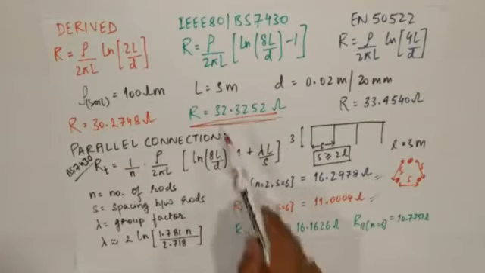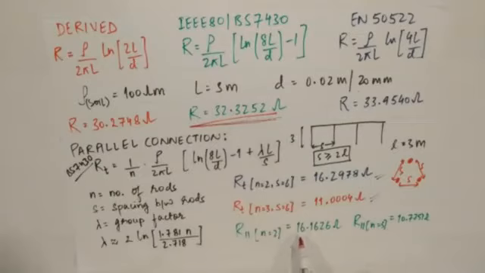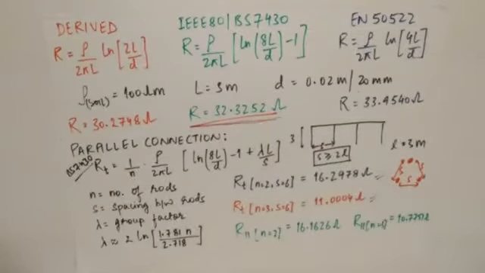And if you directly divide by 2, suppose there are 2 rods, the value comes out to be 16.6626. So it is nearly the same. This one is higher because it has taken the mutual resistance effect between the two rods.